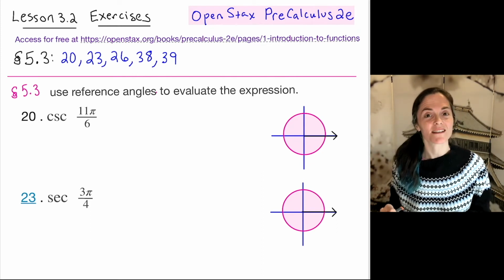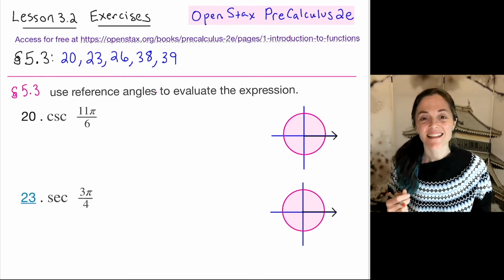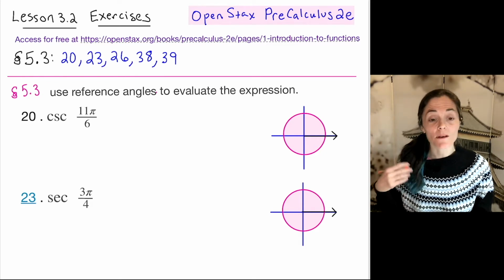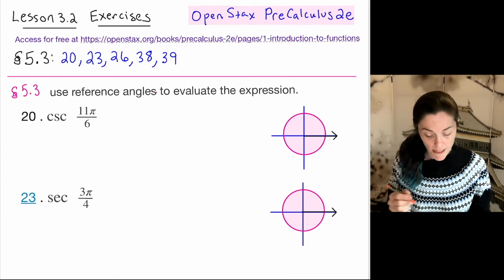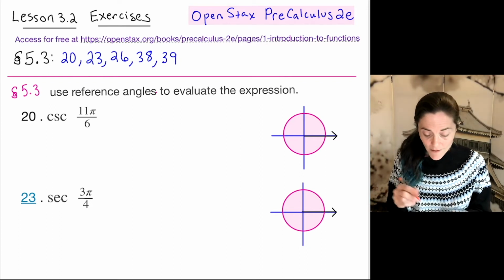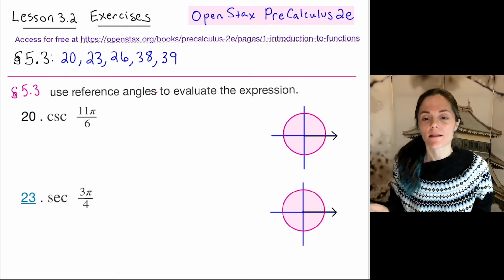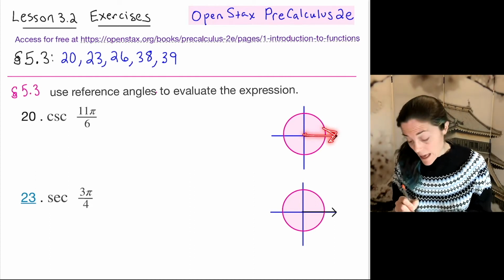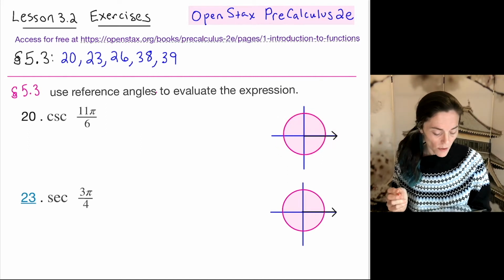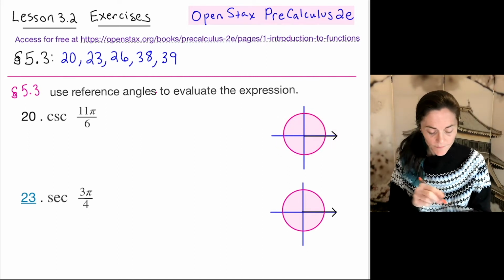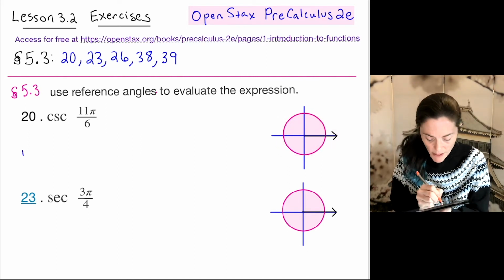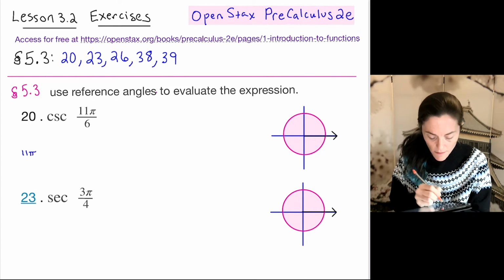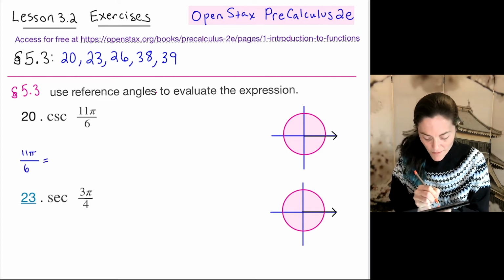Here at number 20, we want to evaluate the cosecant of 11 pi over 6. First, we need to figure out where this angle is. And you notice I already have drawn an initial side and a unit circle. 11 pi over 6 is 12 pi over 6, or 2 pi, minus pi over 6.